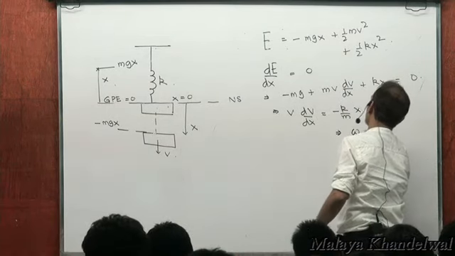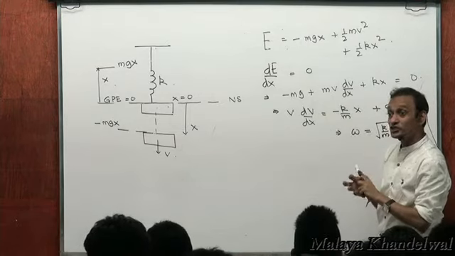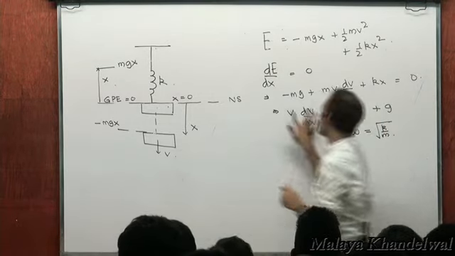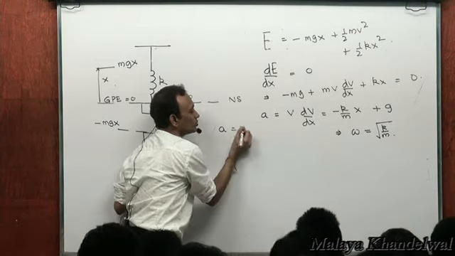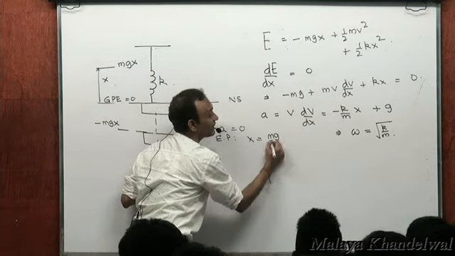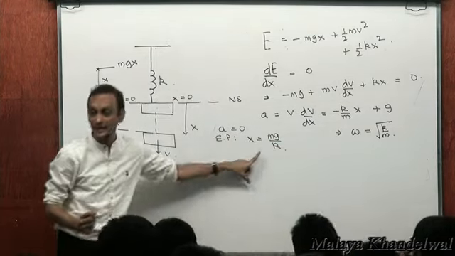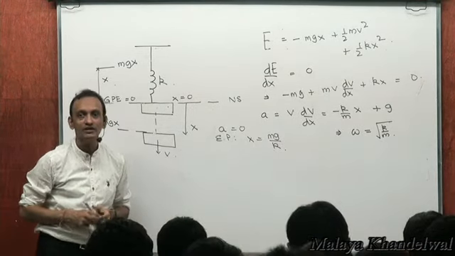Omega of the oscillator therefore must be root k by m. The equilibrium position would be one where a becomes 0. V dv/dx is the acceleration, and when a becomes 0, you get the equilibrium position. x will be mg by k. Where a becomes 0 will give you the equilibrium position. Yes or no?